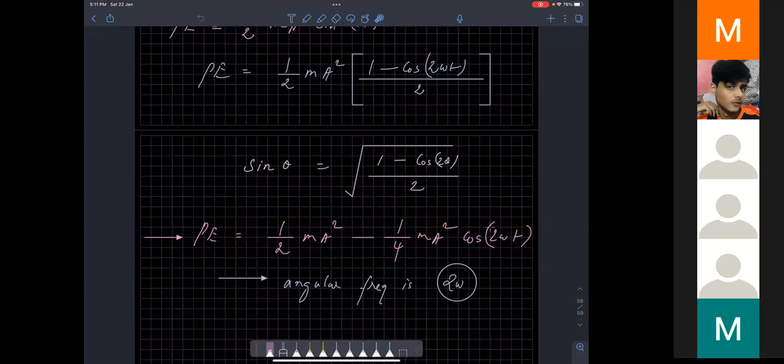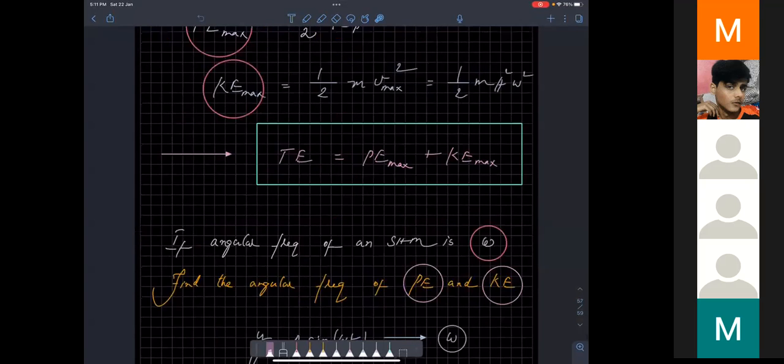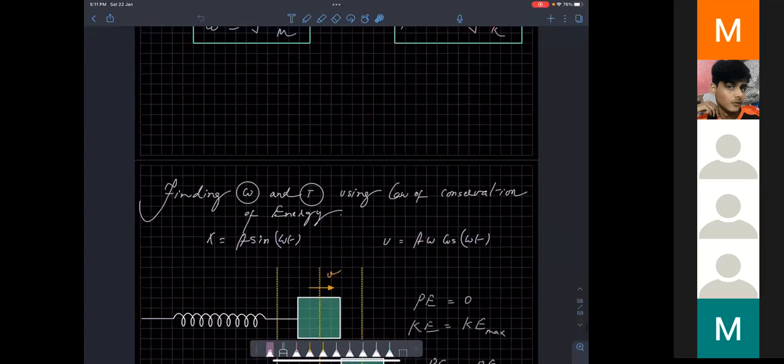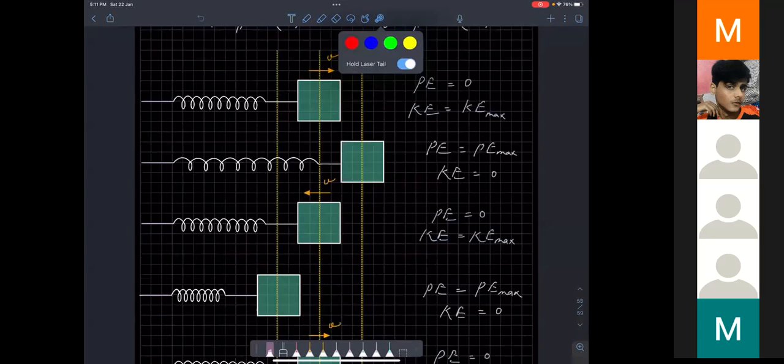And logically, when the pendulum goes from the mean position, it comes back and reaches the mean position, completing one cycle. That means its position and velocity complete one cycle. But kinetic energy while going is equal to kinetic energy while coming back.